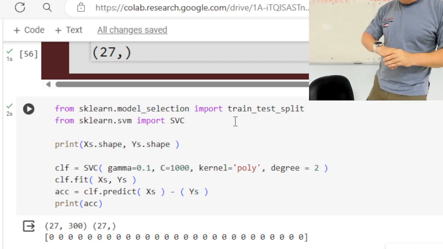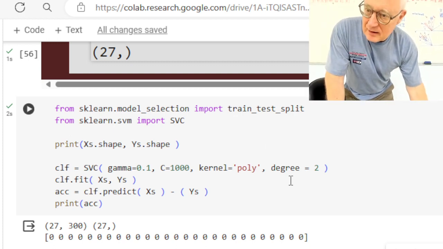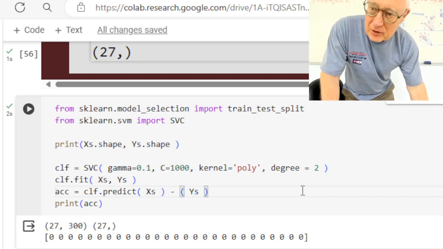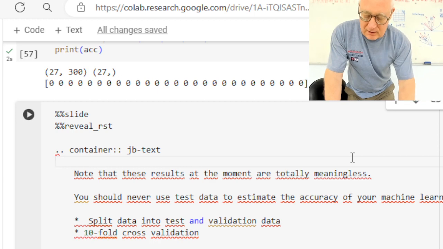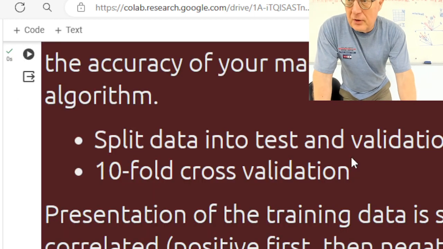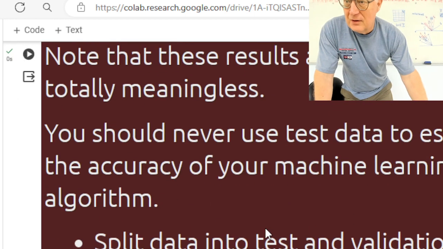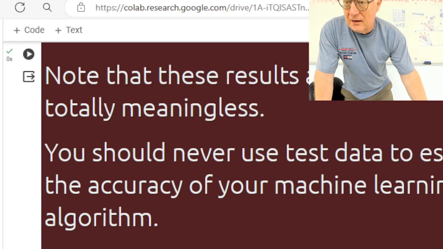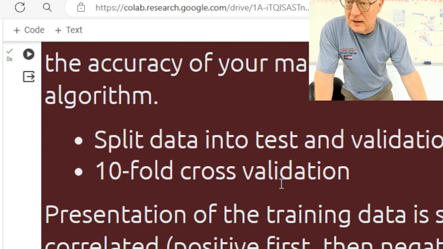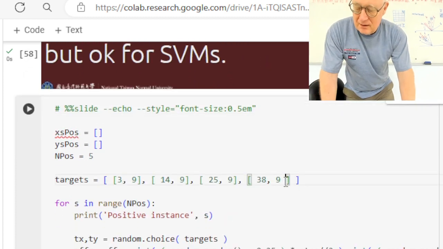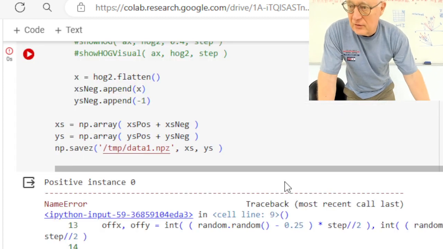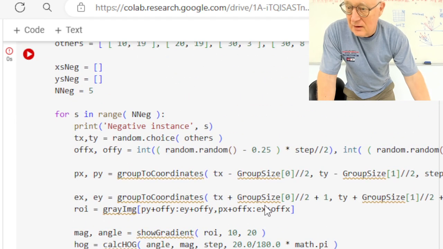If I had more training data, I would do a proper validation. So far, even though it looks perfect, it's meaningless, right? We need to run a cross-validation set, but I didn't actually do that in this case.